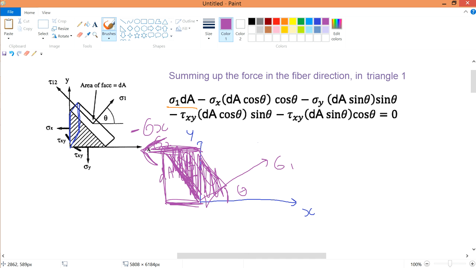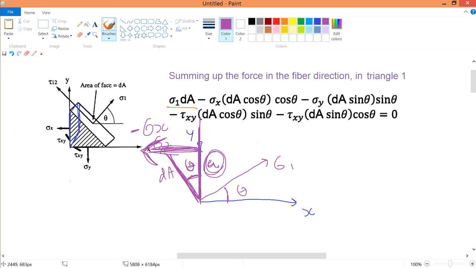Your area is at a certain angle, which is this theta. And then over here, this is your adjacent, the one that we are finding, because minus sigma x is going to multiply with its perpendicular area. So we are trying to find this area.